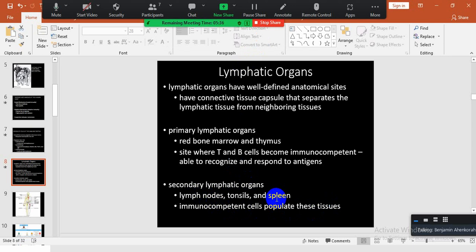Organs which store the matured T and B cells for defense. So they are produced in the red bone marrow, and they are stored in the thymus, and also the lymph nodes and the tonsils.